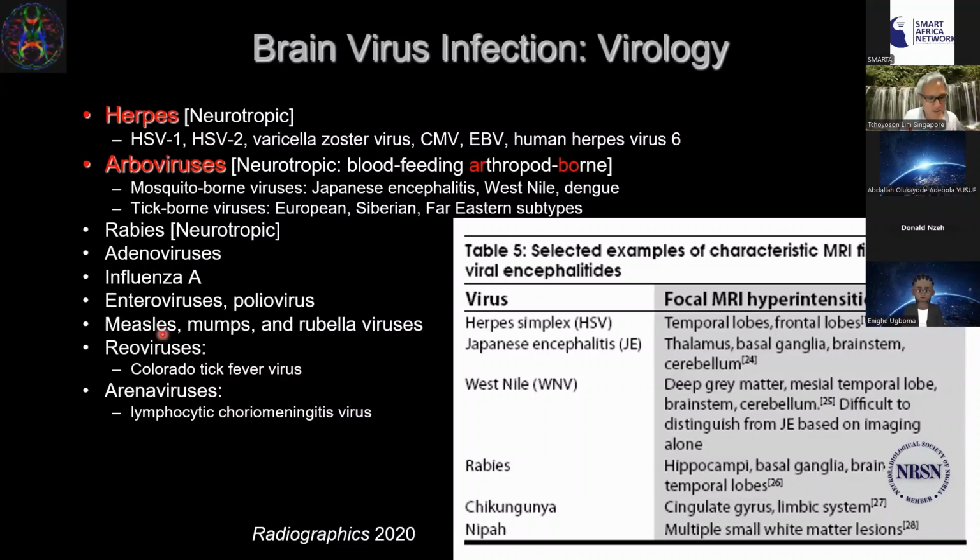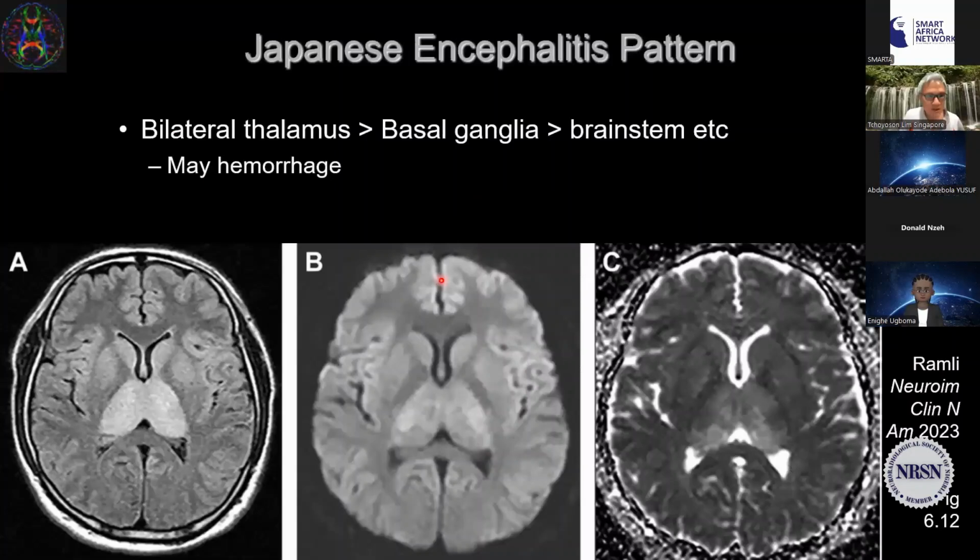We can discuss that a little bit later if anybody's interested, but here I would draw your attention to the herpes pattern and the Japanese encephalitis pattern, which is this. The typical appearance of Japanese encephalitis is that there's bilateral, almost symmetrical thalamus involvement, well detected on FLAIR or T2-weighted MR image.